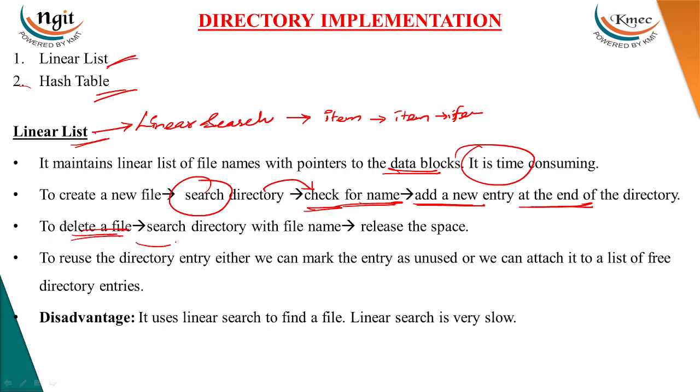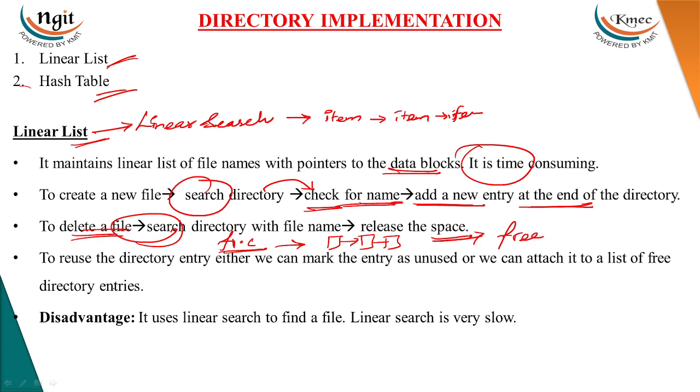And one more thing, in order to delete a file, again we will apply linear search on the directory with the file name that is given, say f1.c. So we'll search for this particular f1.c using linear search. If the file is found, we'll delete the file, and the data blocks assigned to the file will be released and given to the free space manager.